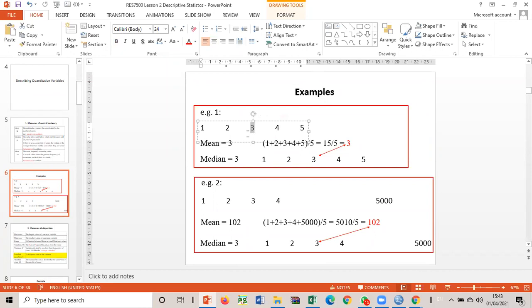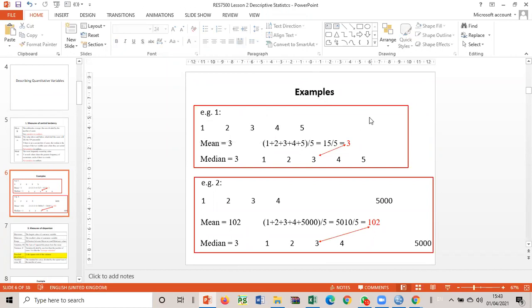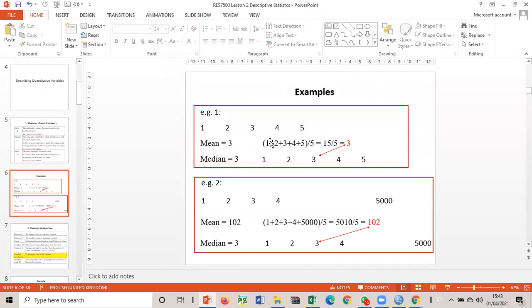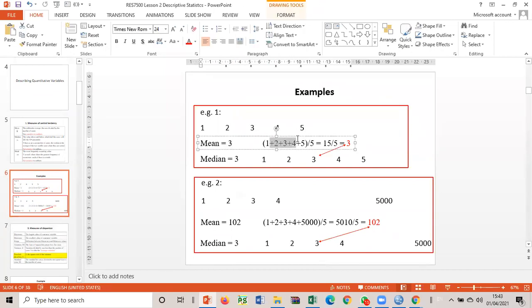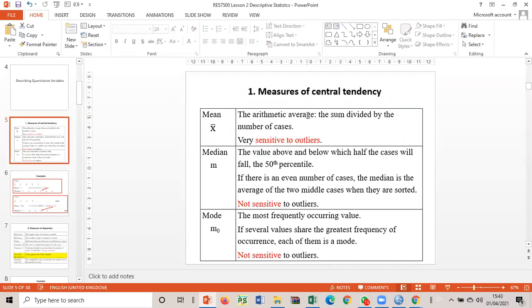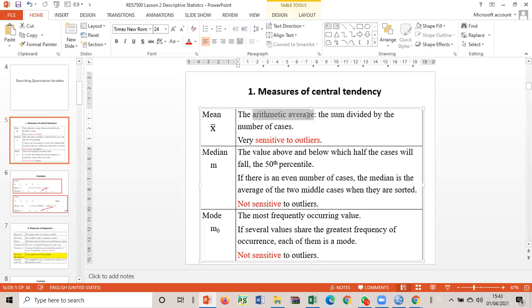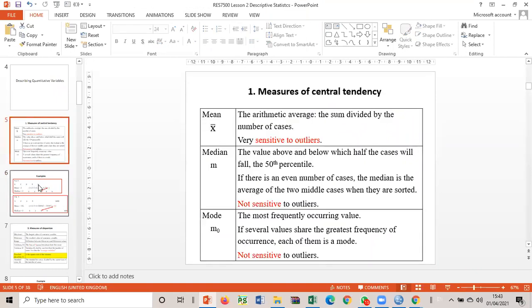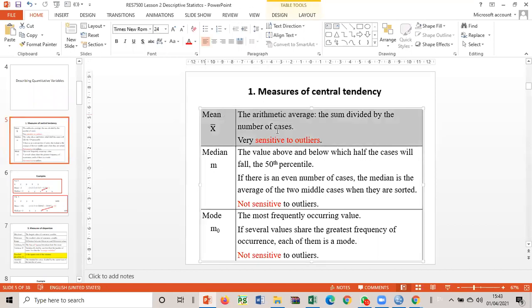Around 3. Let's say we calculate the mean. How do you get 3? Add all the values and divide by 5. That's called the mean. As per definition, the mean is the arithmetic average: sum and divide. Can you repeat, Doctor, how did you calculate it? First, I'm talking about the mean.